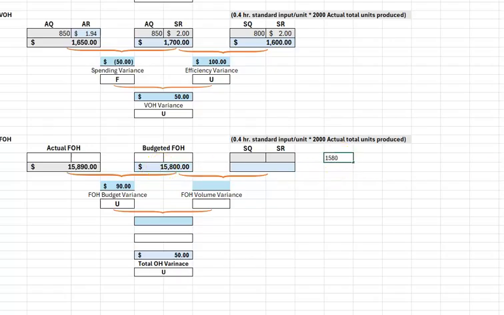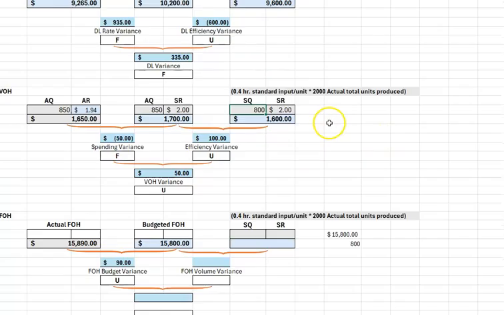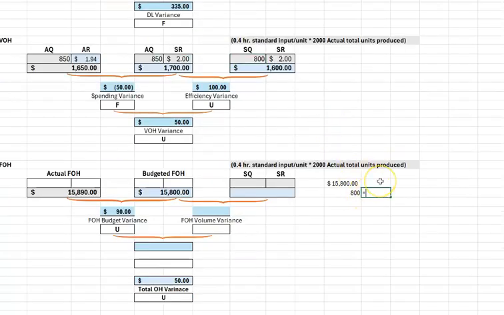So if I take 15,800 and divide that by our denominator hours of 800, I end up with $19.75. That was the standard amount that I thought I was going to pay.